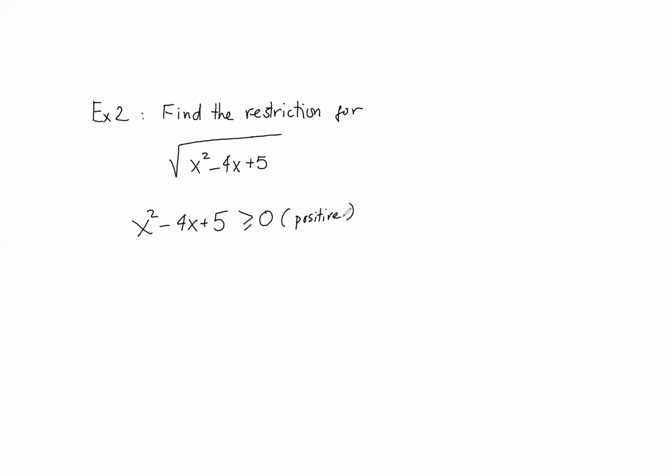The first step to solve this inequality is to find the zeros for the equation x squared minus 4x plus 5. I'm sorry, it should be negative 5.